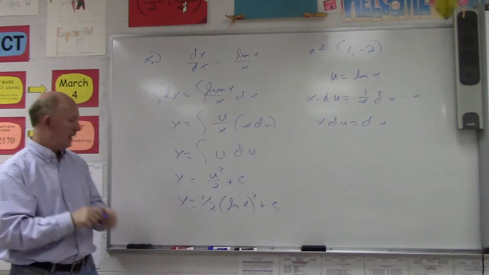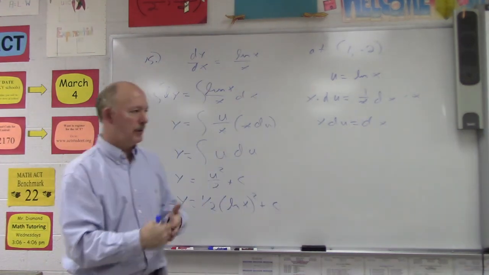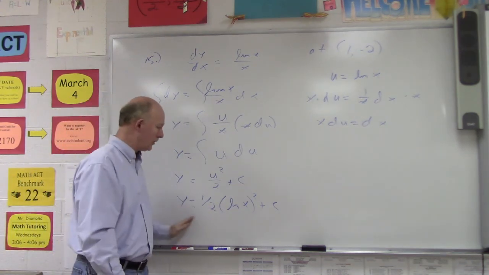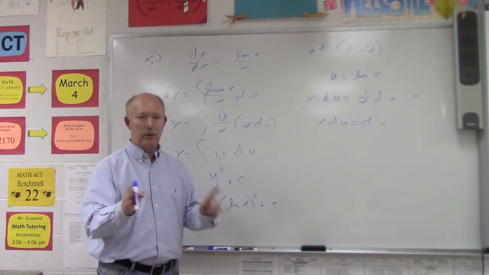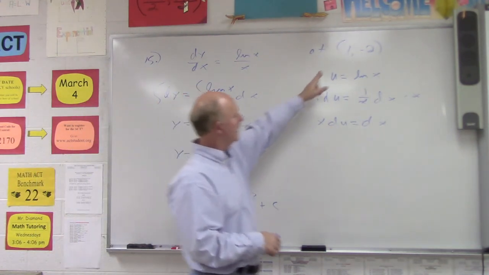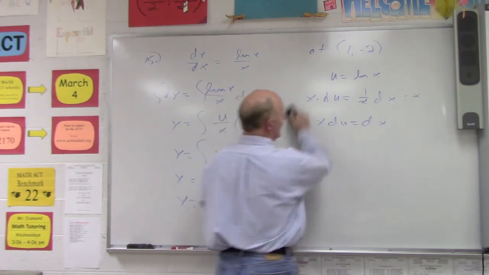Now remember, this is called our general solution. We found our antiderivative in terms of x, y, and c. To get our particular solution, we have to solve for c. Let's go back up to our original information: we're given the point 1, -2.